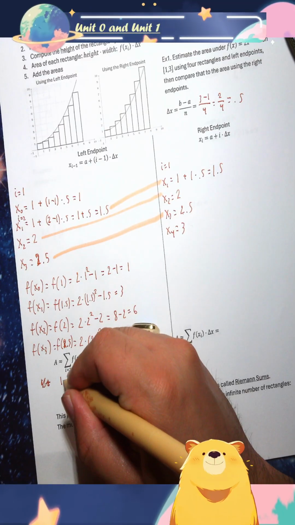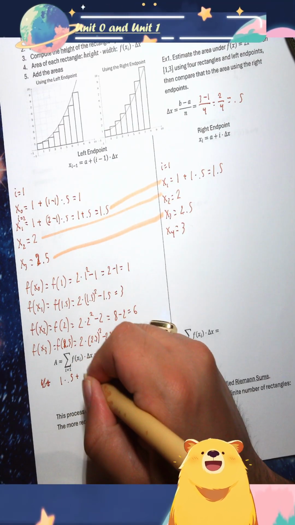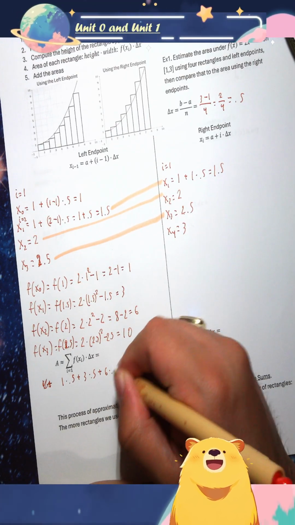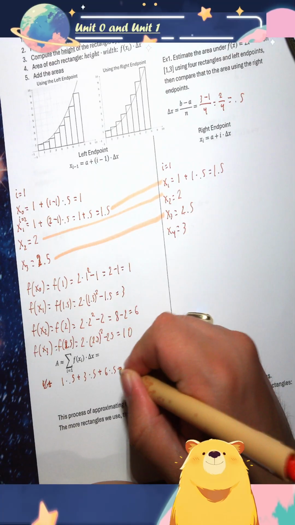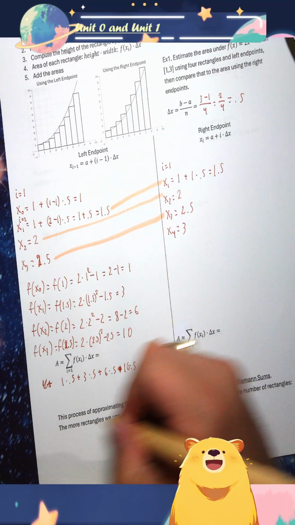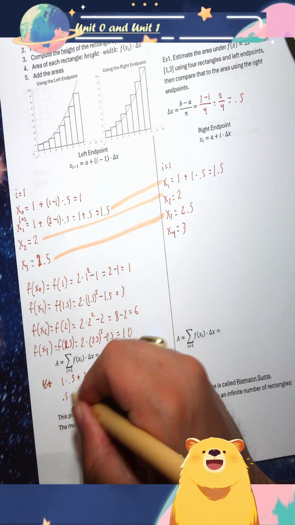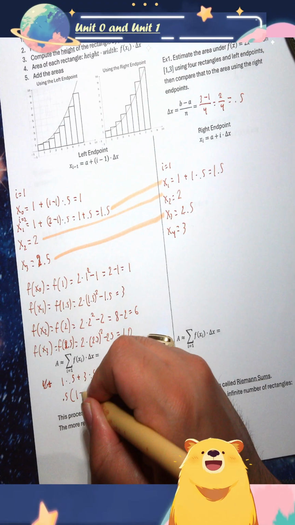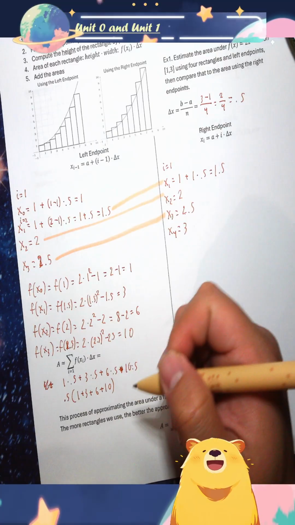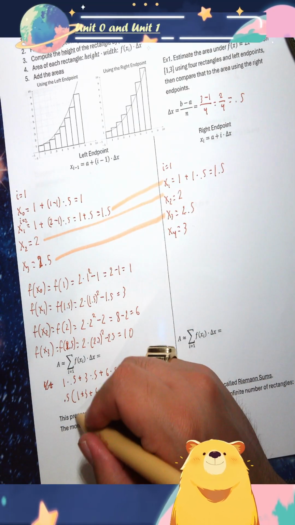You go 1 times 0.5 plus 3 times 0.5 plus 6 times 0.5 plus 10 times 0.5. Well, they all have a 0.5 multiplying. So technically you do 0.5, distribute out, 1 plus 3 plus 6 plus 10. It's all equivalent, and that's 20.